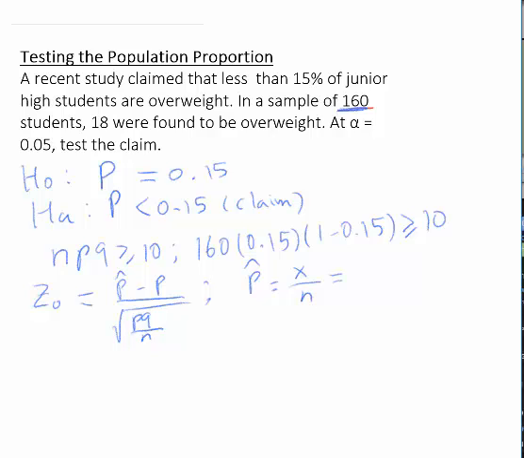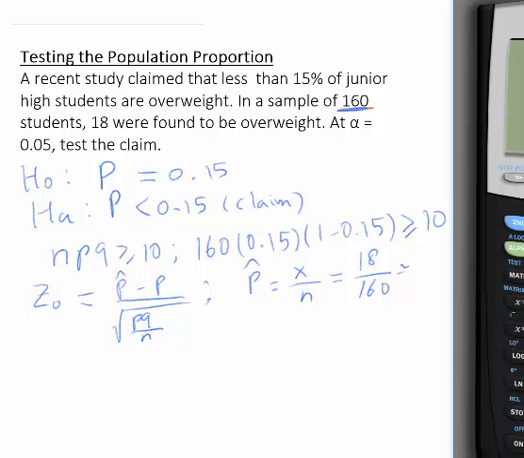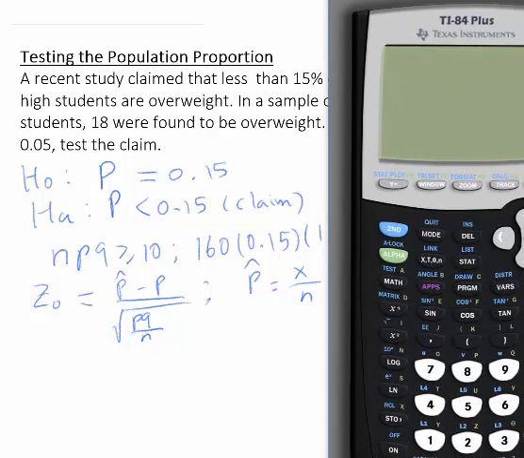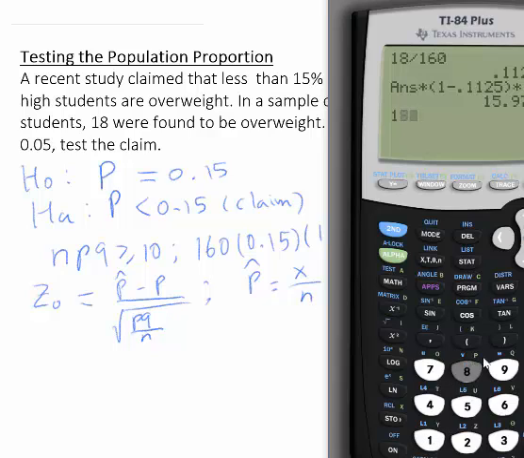So we have 18 over 160. If I do the math on the calculator, I get 0.1125.